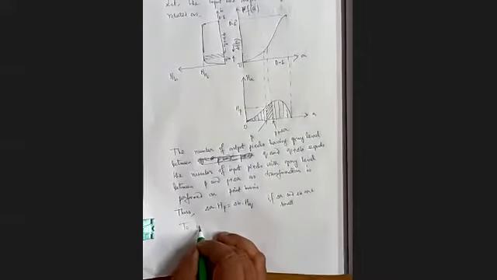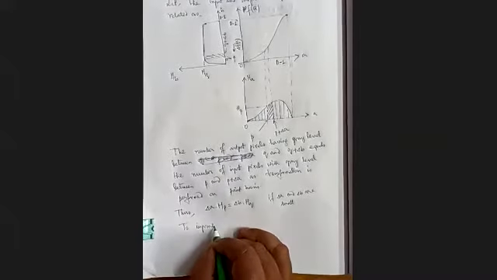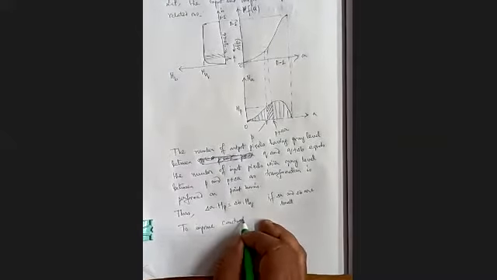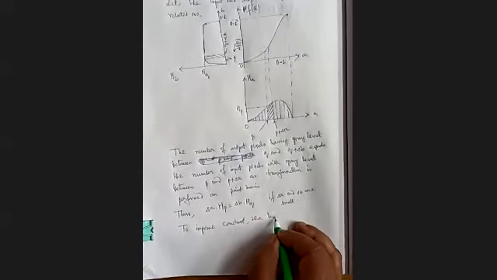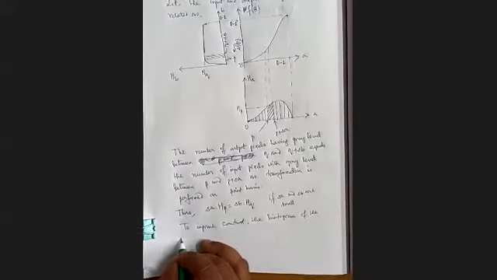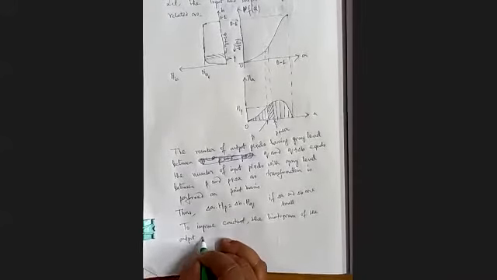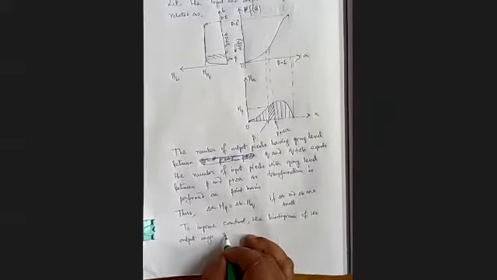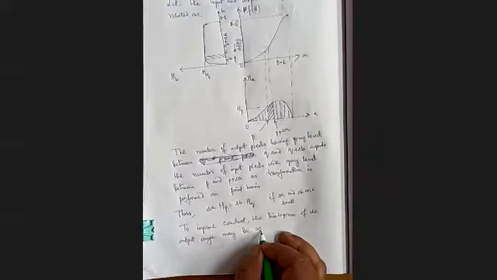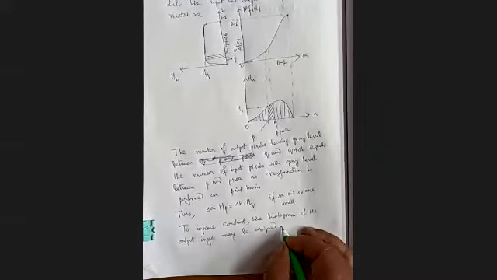So to improve contrast, the histogram of the output image may be assigned a flat shape. What is the histogram of the output image? I am showing it in the next page.